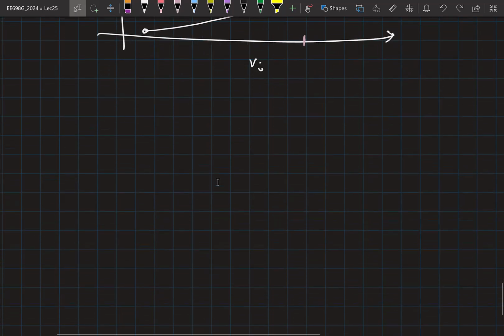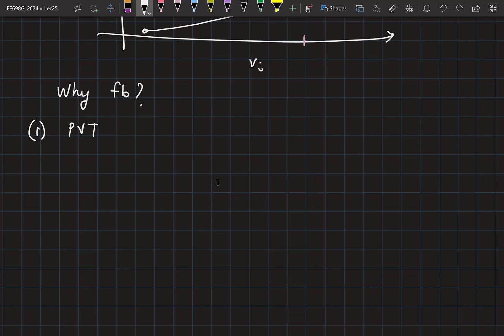So PVT control. So one is PVT control. What was the second answer? Why stability? Stability of what? So now we are talking about the error in the frequency, right?